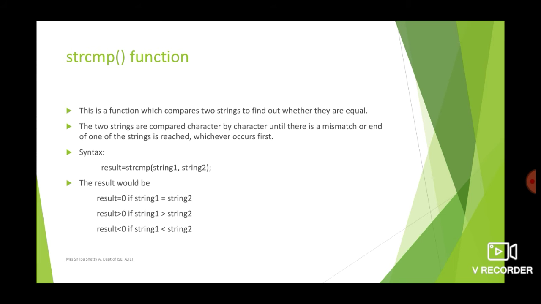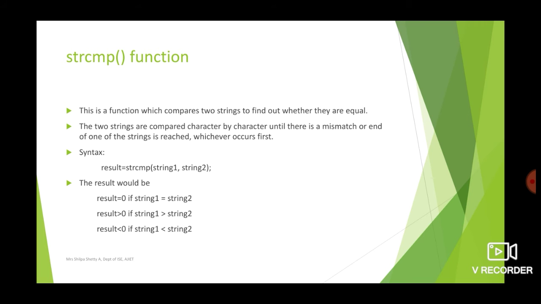If you have to compare two strings, all the characters from the first string should appear in the same sequence in the second string. So we compare character by character. Once you find a mismatch, you stop there and find that the strings are not equal. But if you have compared all the characters till the last character, it means all the earlier characters were equal, so the strings are equal.